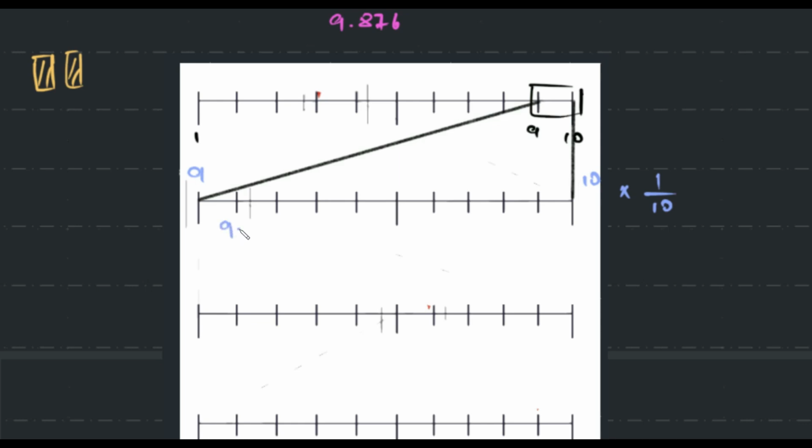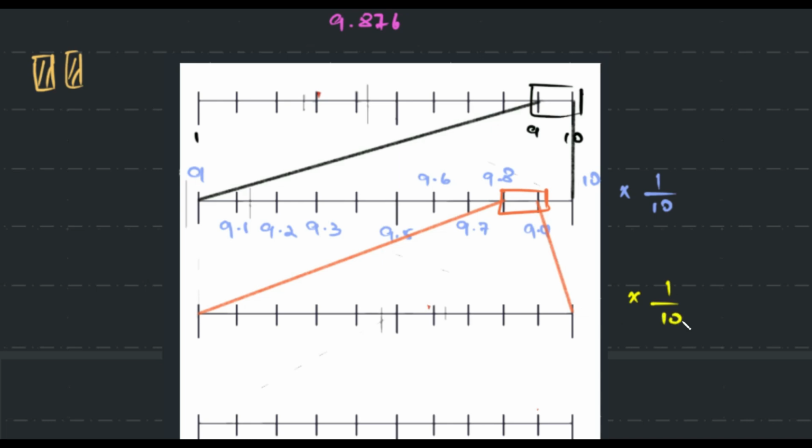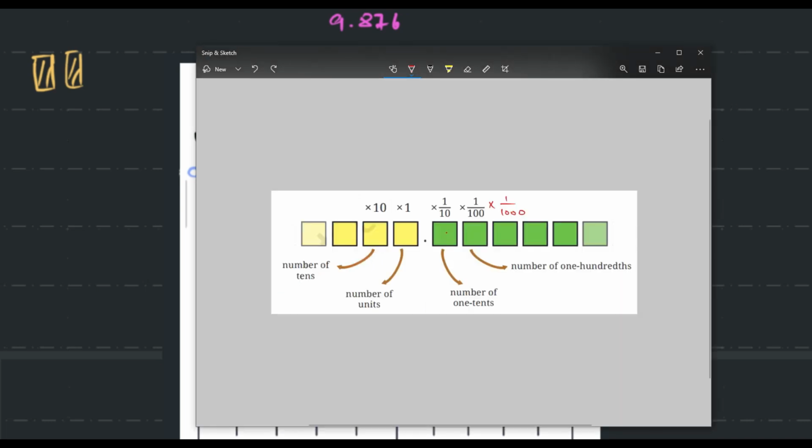So this is 9.1, 9.2, 9.3, and so on and so forth, 9.5, 9.6, 9.7, 9.8, 9.9. And this number is between what? Yes, you are right, between these two. So let's zoom in. And this position is 100th, right? Basically this. Where is it? This.